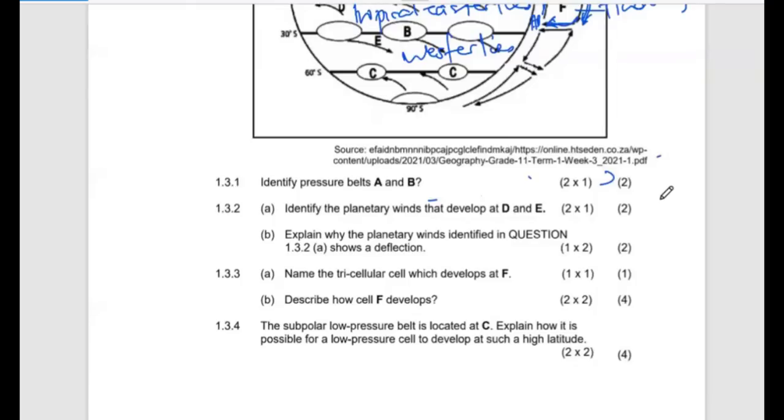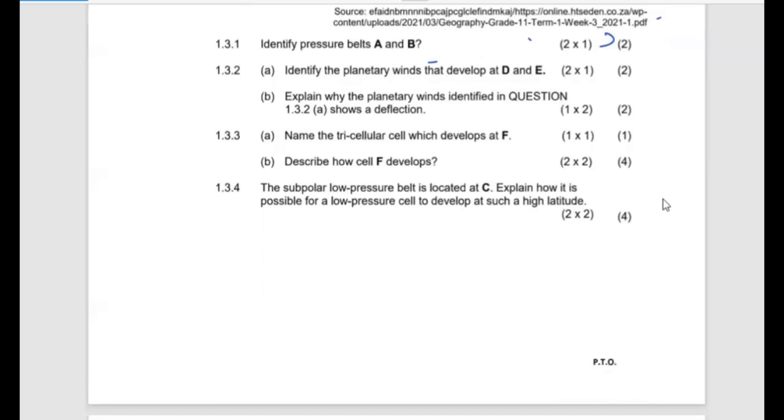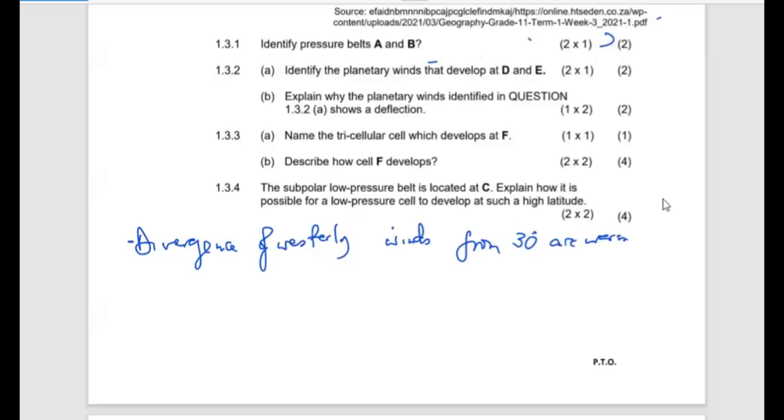We can argue on the divergence from 30 degrees, where the winds are warm and flow to 60.